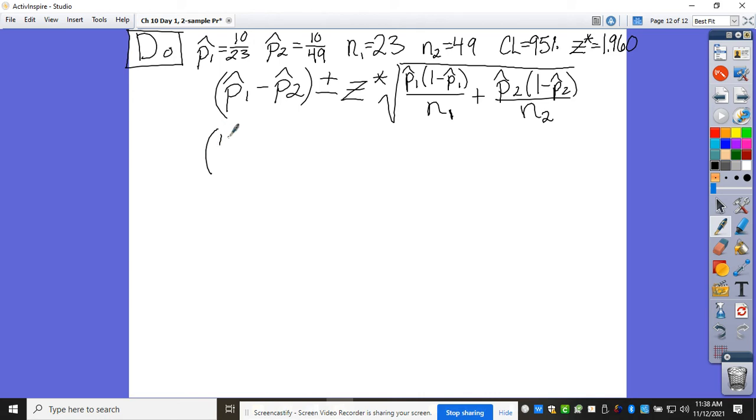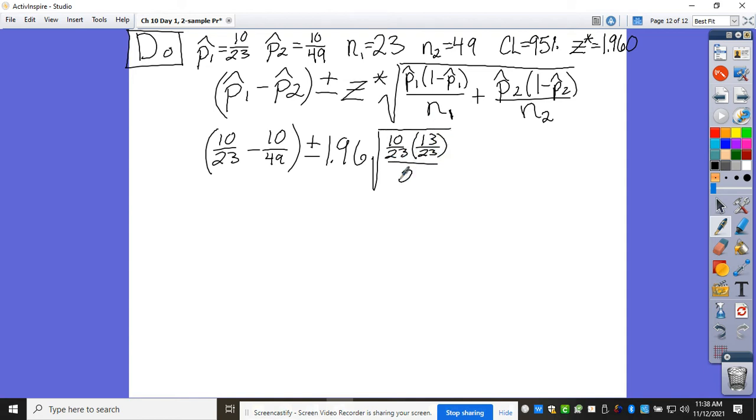So then this would be 10 out of 23 minus 10 out of 49 plus minus 1.96 square root of 10 out of 23 times 13 out of 23 over 23 plus 10 out of 49 times 39 out of 49 over 49.